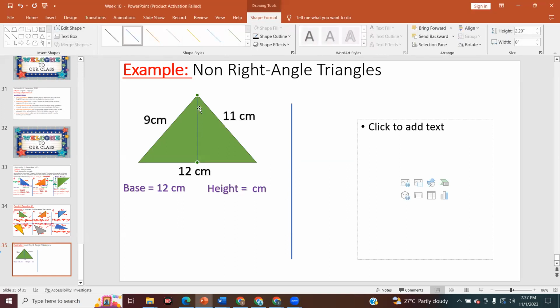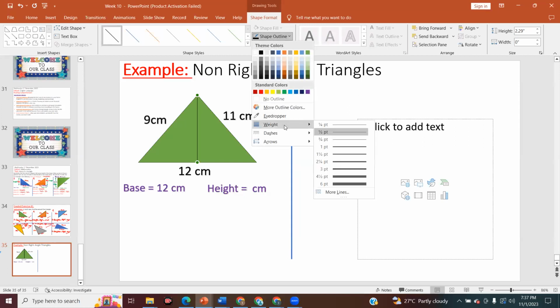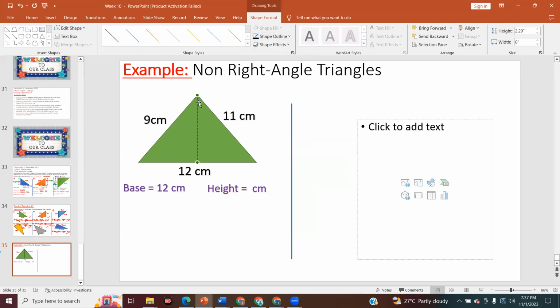The height is going to be the perpendicular distance, the perpendicular line in the middle. It has to be the one in the middle. But did I give you any measurement for the one in the middle?